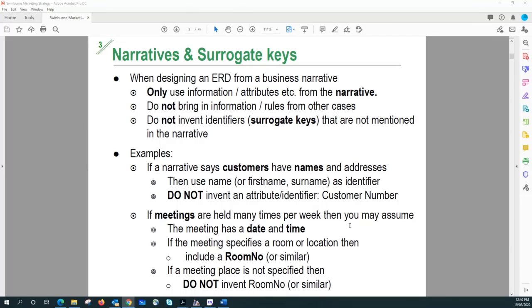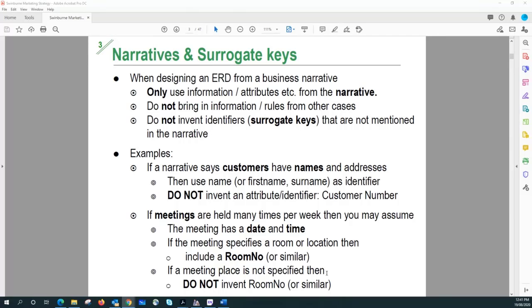Then we can take the date and the time as the primary key of the meeting entity. But if they have included some other information like a room number or any location, then you can take that as part of the identifier as well. If the room number is not provided, make sure that you do not invent any room numbers. So you need to live with the date and the time, right?